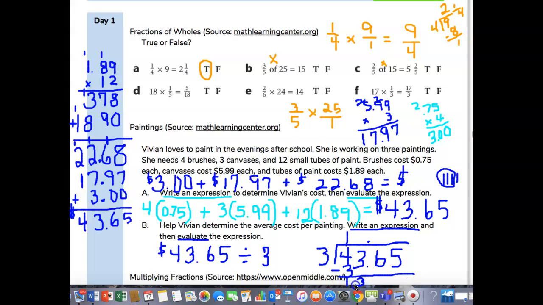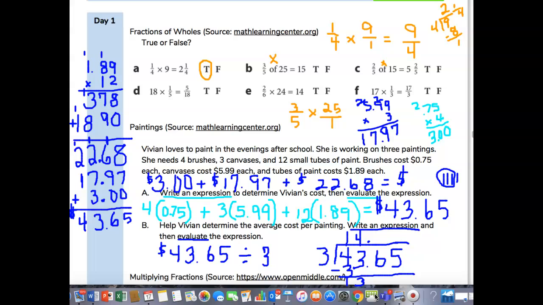All right, so now you have to divide again. How many 3's are in 13? Or 3 times what is close to 13 without going over? And I think you found that that was 12. So then 13 take away 12 is 1. And then you bring down your 6 and you have 16.